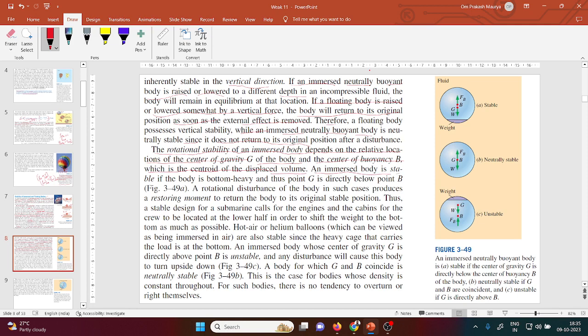An immersed body is stable if the body is bottom heavy, and thus the G point is directly below point B, like in figure 1. This is a very important line. I will give some physical examples so you can actually feel what these three figures are telling.